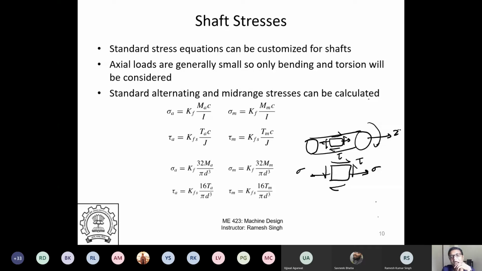So in this case, how do we get an equivalent condition for this? This is the state of loading. I know sigma is 32 M by pi d cube, and tau is 16 T by pi d cube. Any guesses about how do we get a condition which takes into account both of these stresses? What do we do? Any answers?